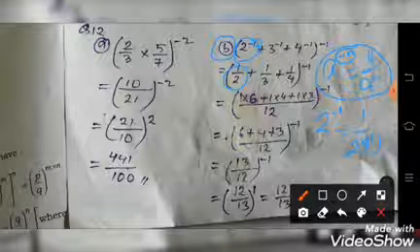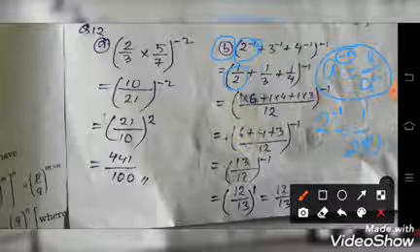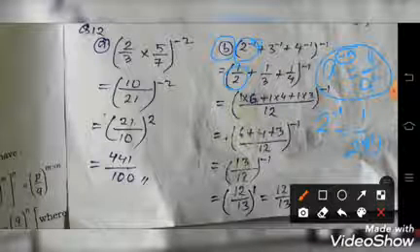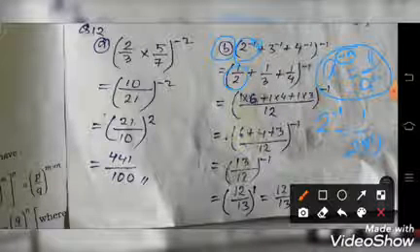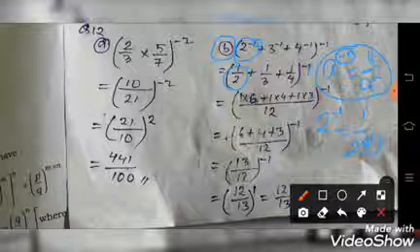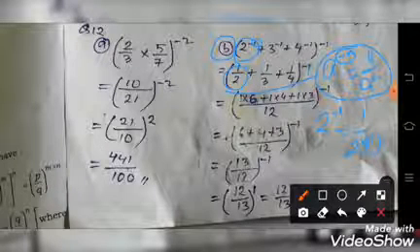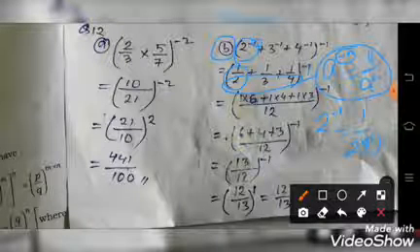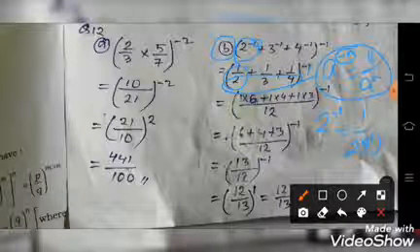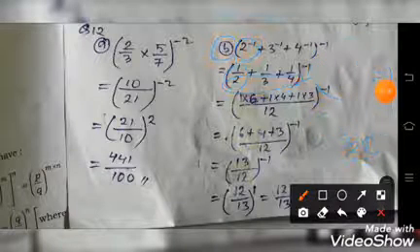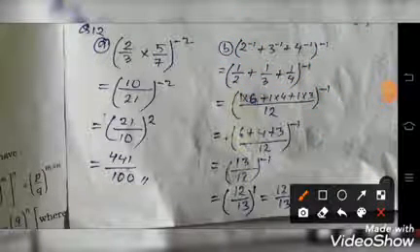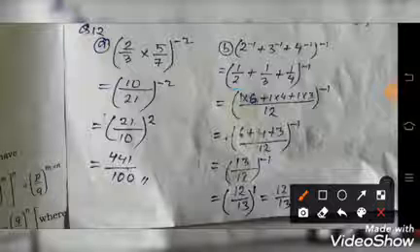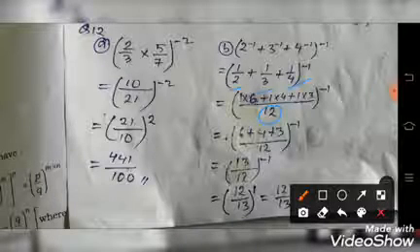So here I got 1 by 2, 1 by 3, 1 by 4, each to the power minus 1. This is the exponent, and the exponent is negative. So after doing this, you just take the LCM of the denominators. LCM of 2, 3, and 4 is 12.